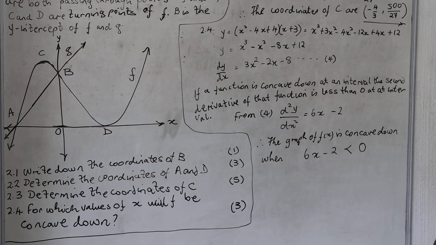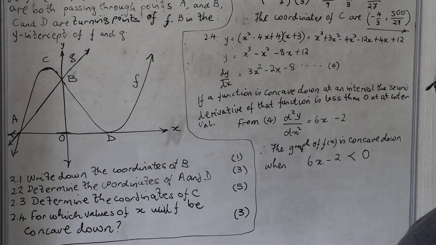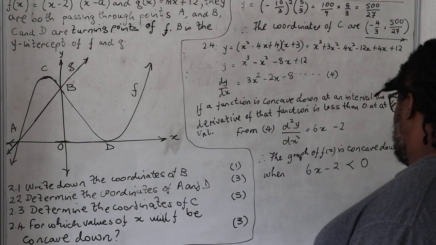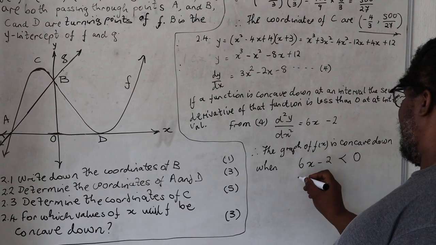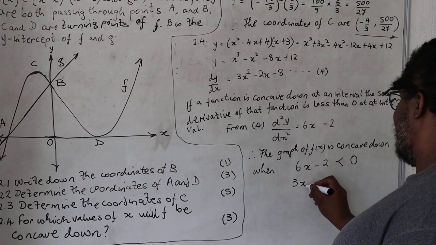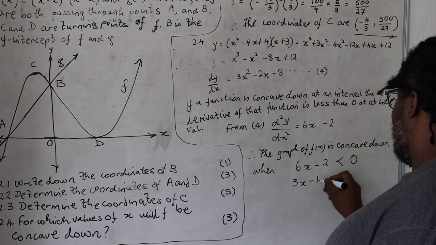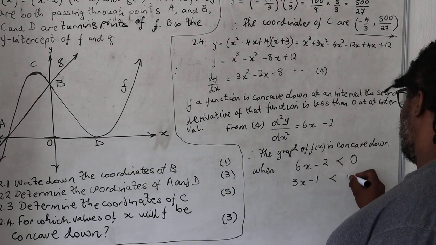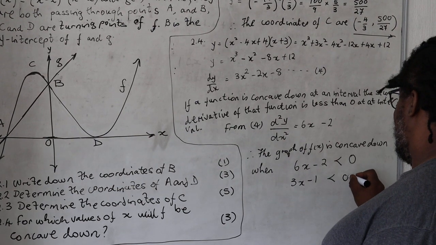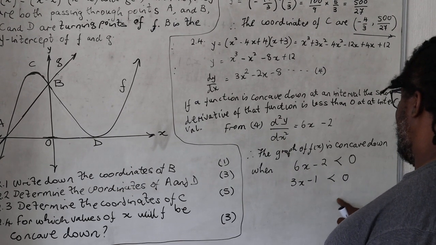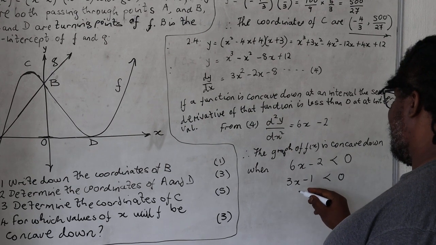So this becomes a simple inequality, and if we divide by 2 both sides, we get 3x minus 1 is less than 0. And minus 1 goes to the right hand side, it becomes a positive.